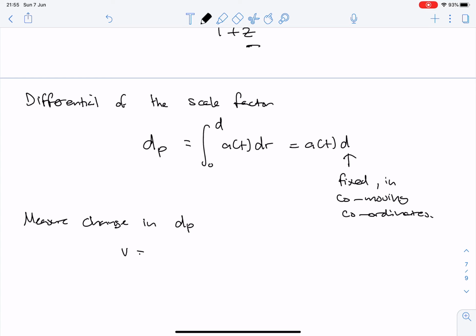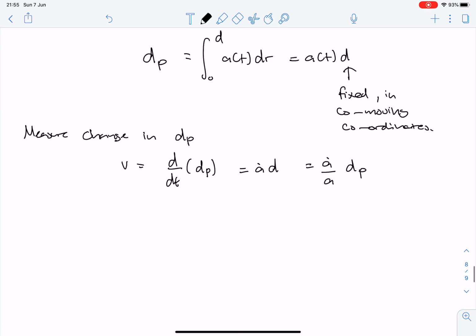So v is equal to d by dt of dp, is equal to a dot times d, is equal to a dot over a times dp. And you can think of this as v equals H naught d.